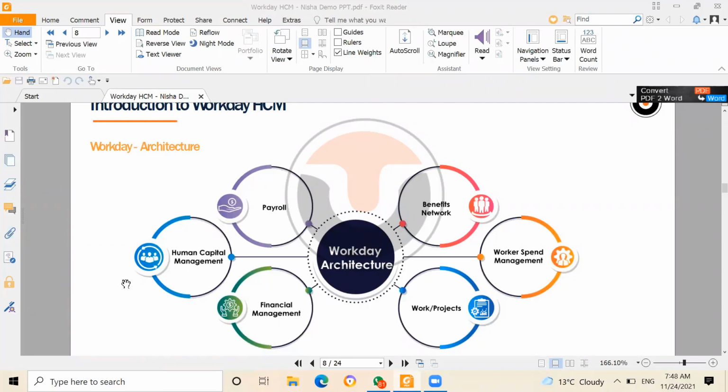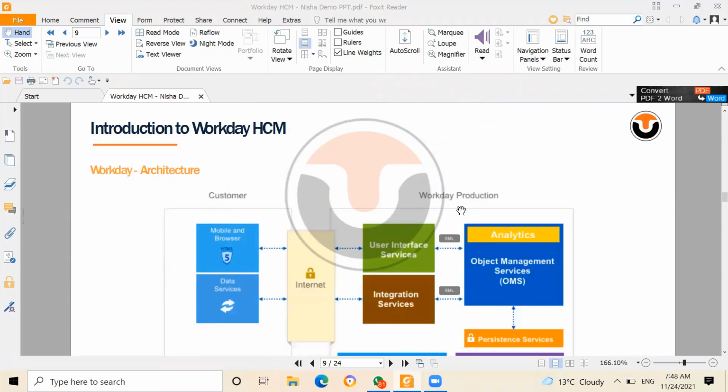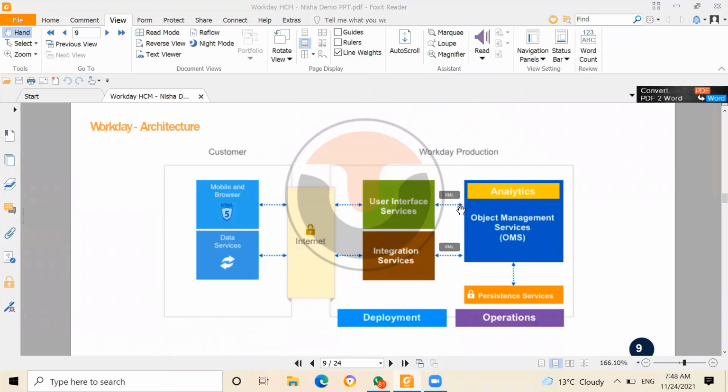Our work area is this HRM, so we will choose this. Now, in the Workday architecture, see, mobile and browser data services. It is saying that we can use it on these interfaces as well. Workday production is again a very technical part.